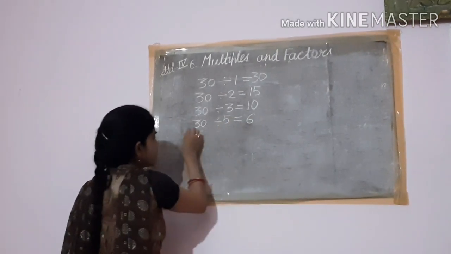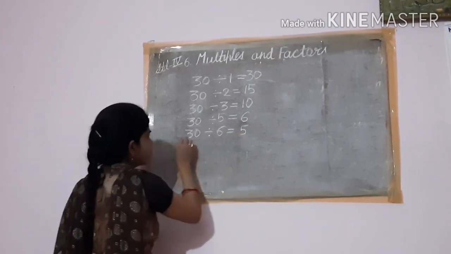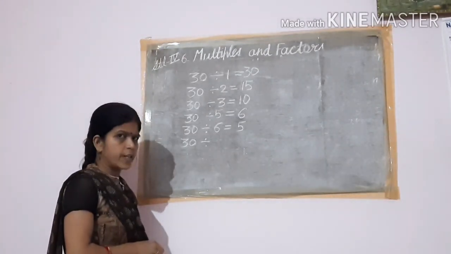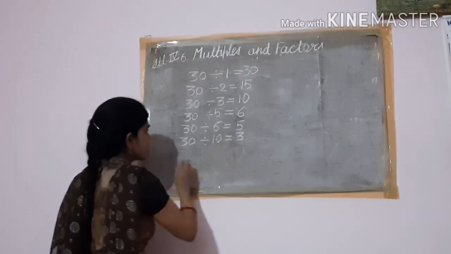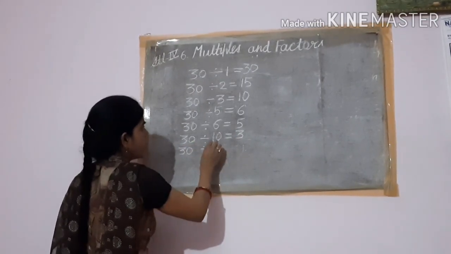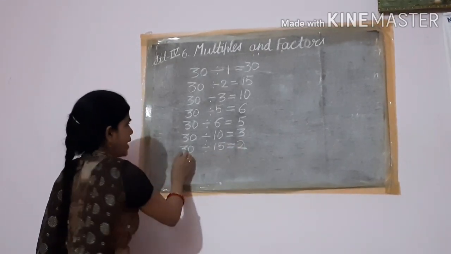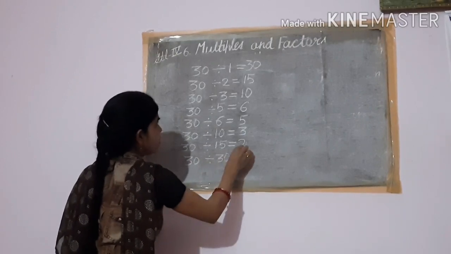5 6s are 30. Then 30 divided by 6, 5. Then 7 table, coming 30, no. 8 also not, 9 also not, 10. 10 threes are 30. Then 30 divided by 15, 2. And then 30 divided by 30 is equal to 1.